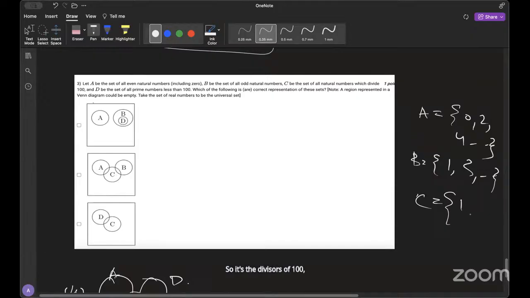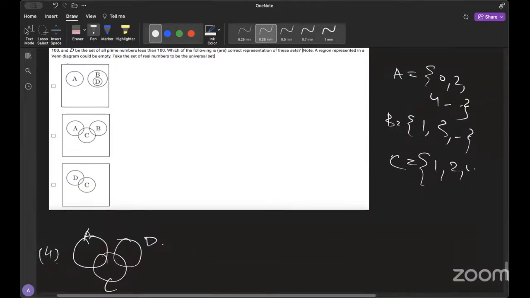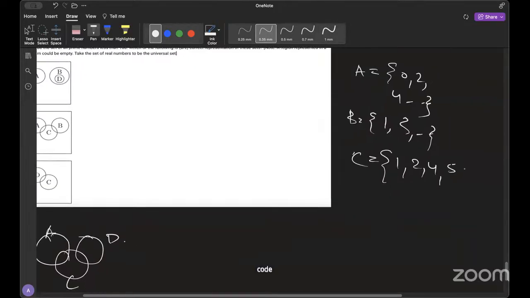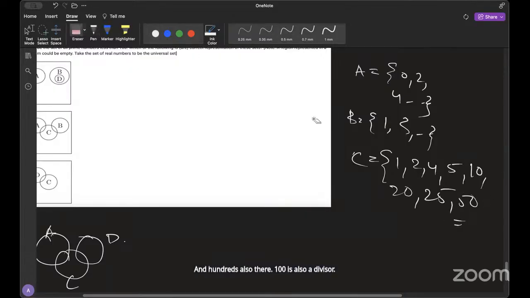Divisors of 100 are 1, 2, 4, 5, 10, 20, 25 and 50. And 100 is also a divisor. This is the set.